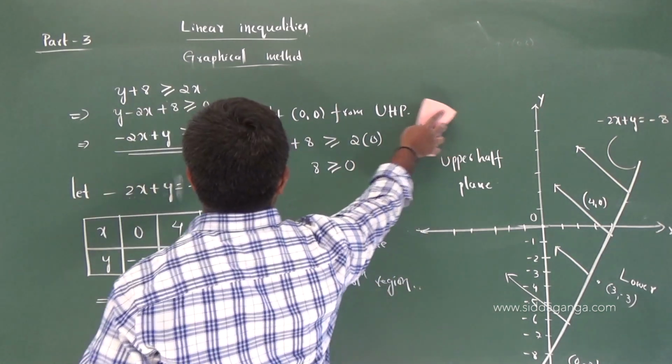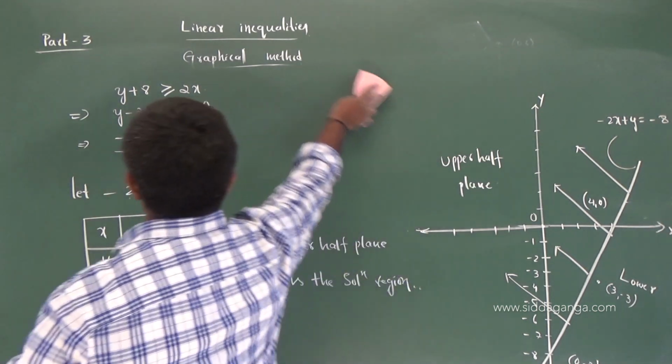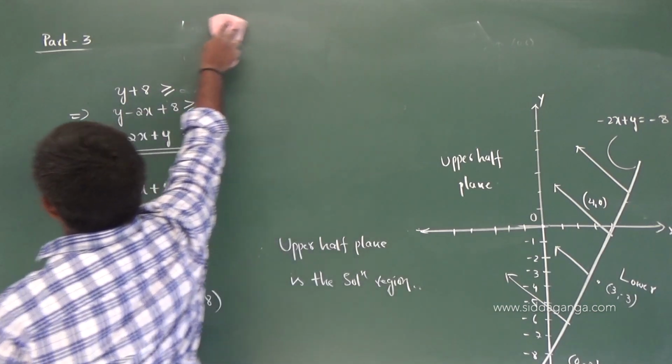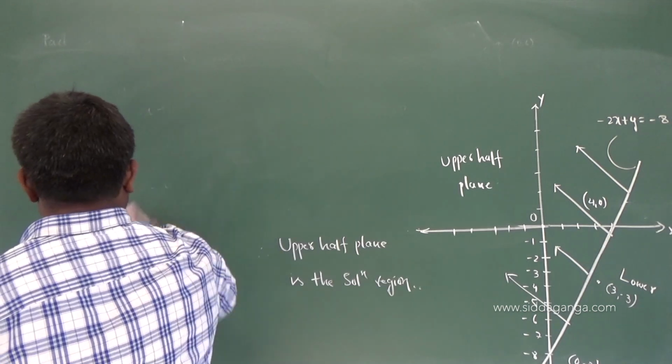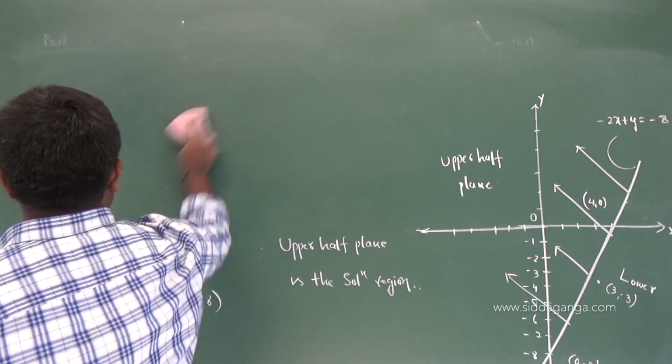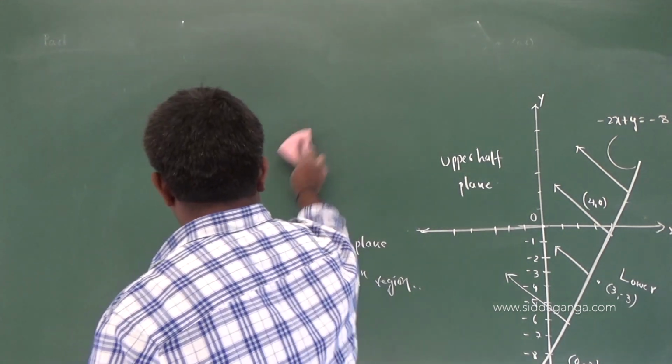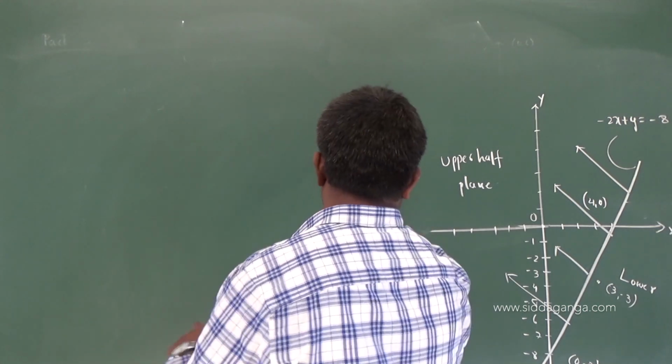That's it. This is how we find the solution for the given inequality in two variables. Hope you learned, everyone, how to find the solution.